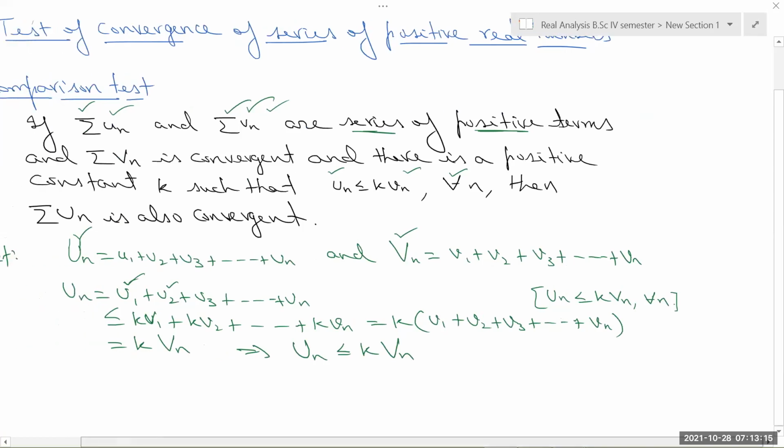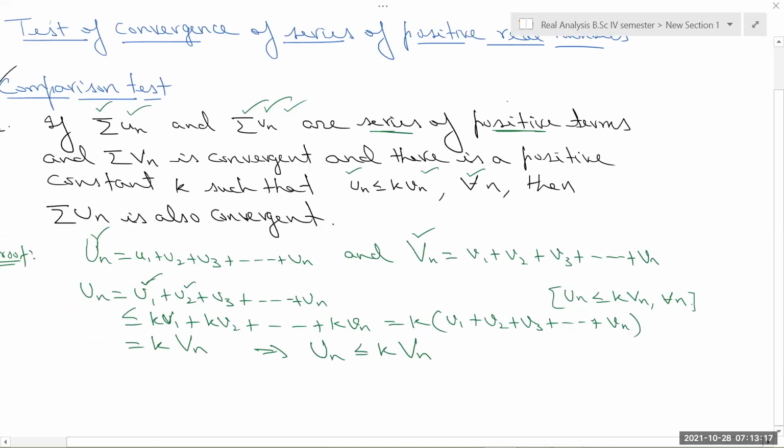Now notice that summation un and summation vn are series of positive terms, and it's given that the series summation vn is convergent. This one is given to us. We know that every convergent sequence is bounded.